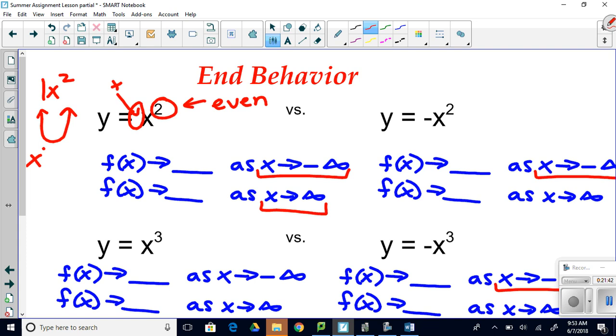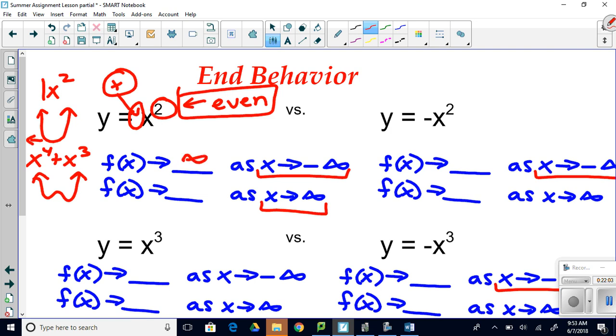So if I had x to the 4th plus x cubed, I'm just making this graph up, but it might be something like that, but it's still going to be pointing up on all the ends. So any even positive function, the ends go up on both sides. So as x goes to the left-hand side, the graph goes up, so it's positive infinity. As x goes to the right-hand side, the graph goes up and it's positive infinity.